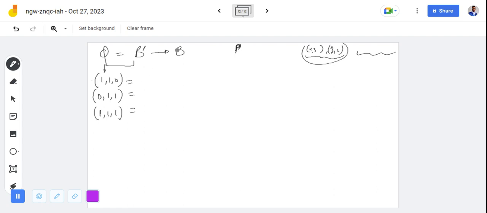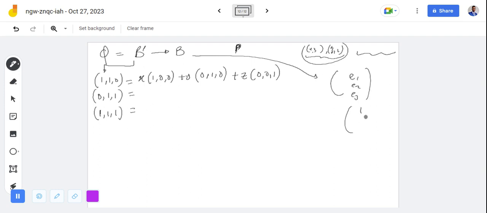So now what's my standard basis? The standard basis is the 3 by 3 matrix 1, 0, 0, then 0, 1, 0, and then 0, 0, 1. This is an identity matrix of E1, E2, E3, a 3 by 3 matrix. E1 is here, E2 is here, and E3 is here. That's my standard basis.